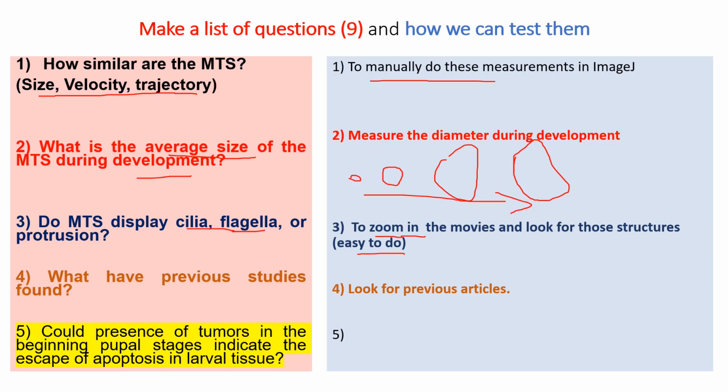This will be very easy to do. And to verify that, you can write it as future research. You can suggest a marker for this structure, like a stain, a way to stain those things to see if what you see is actually true or not.